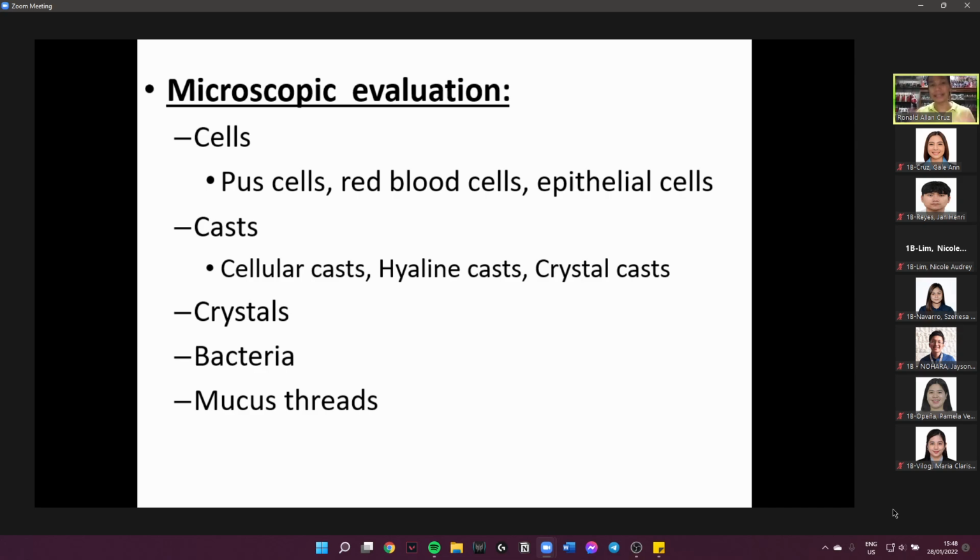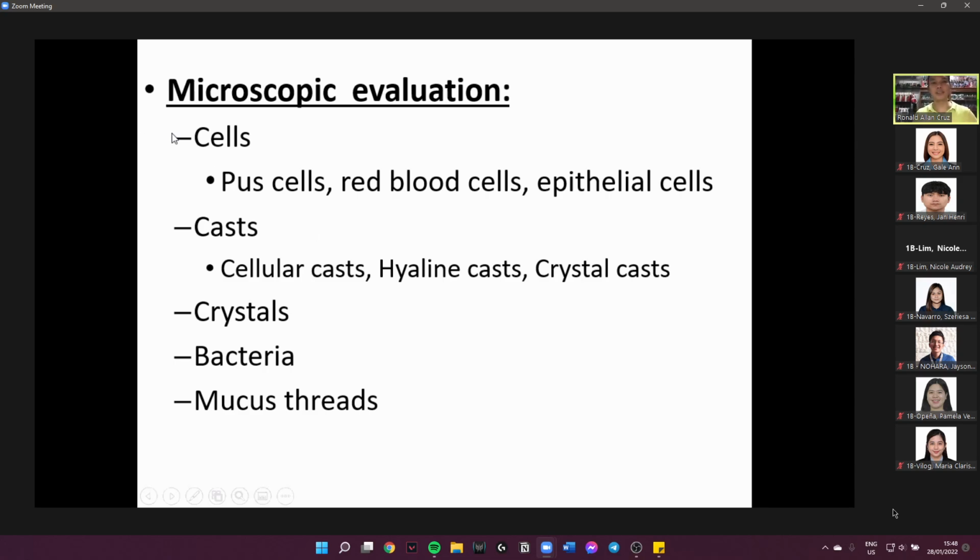It takes a little experience, because if you're not properly trained, what you might think is a mucus thread could just be an artifact. And if you're inexperienced, you won't be able to catch the bacilli or the cocci present in your specimen. So it takes a little experience in evaluating your urine sample for these parameters.